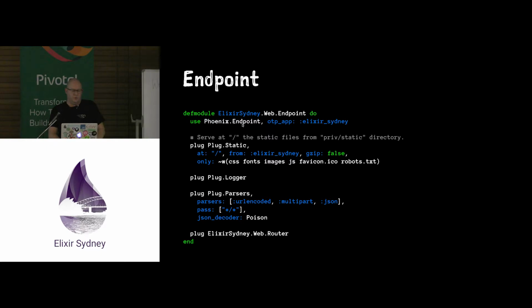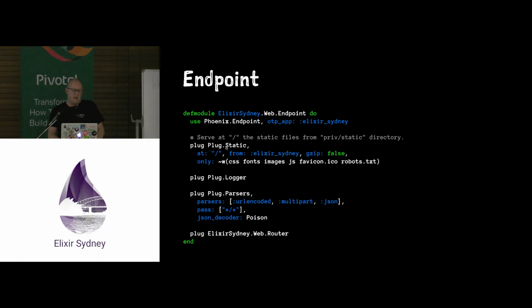What we're doing is saying we use the Phoenix endpoint, and Phoenix does create this for you, by the way. It kind of comes in for free, and this is mostly unchanged, I think. But you can add in, this is basically a plug pipeline, just like Plug Builder was, and you can put in your own stuff in there. So if you want to measure how long your requests are taking, or do some extra logging to somewhere else, you can do all of that stuff.